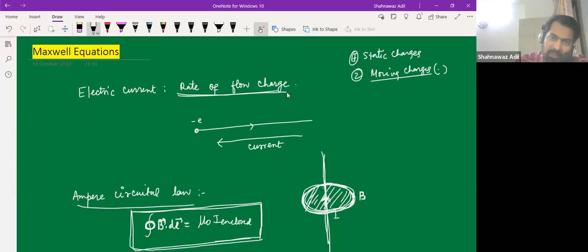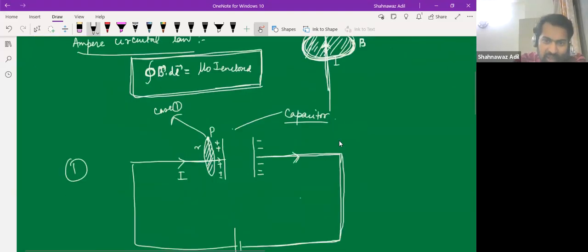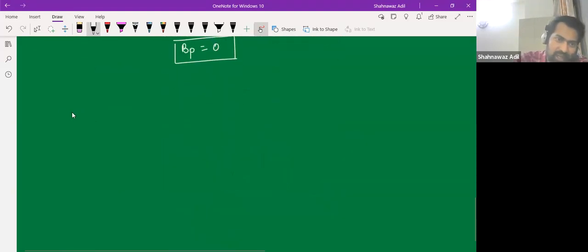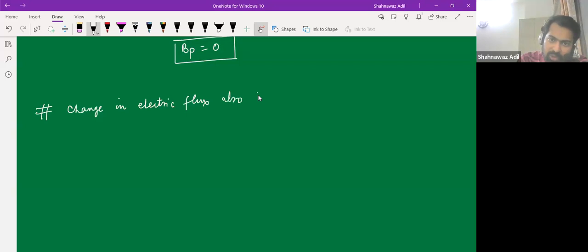He showed us that when we change the electric flux, a change in electric flux also produces some current.